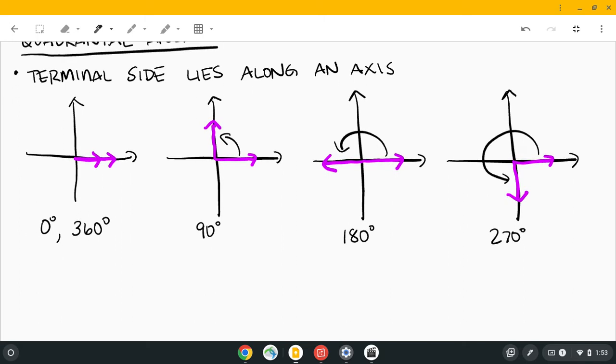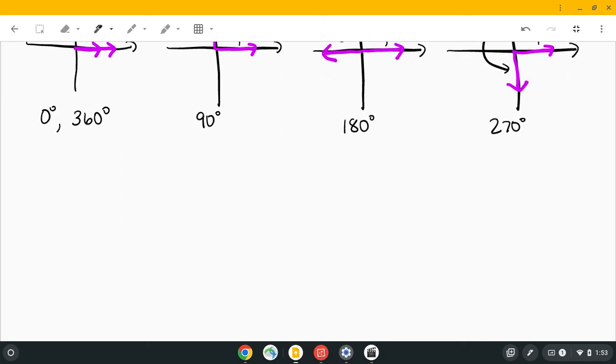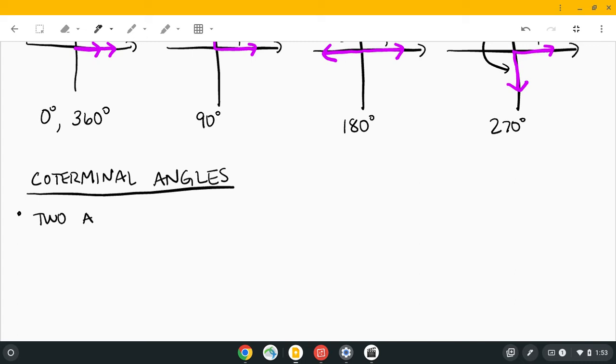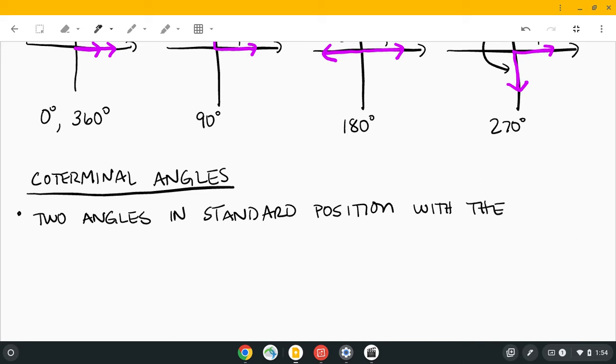Now we're going to take a look at coterminal angles. Coterminal angles are two angles in standard position with the same terminal side.